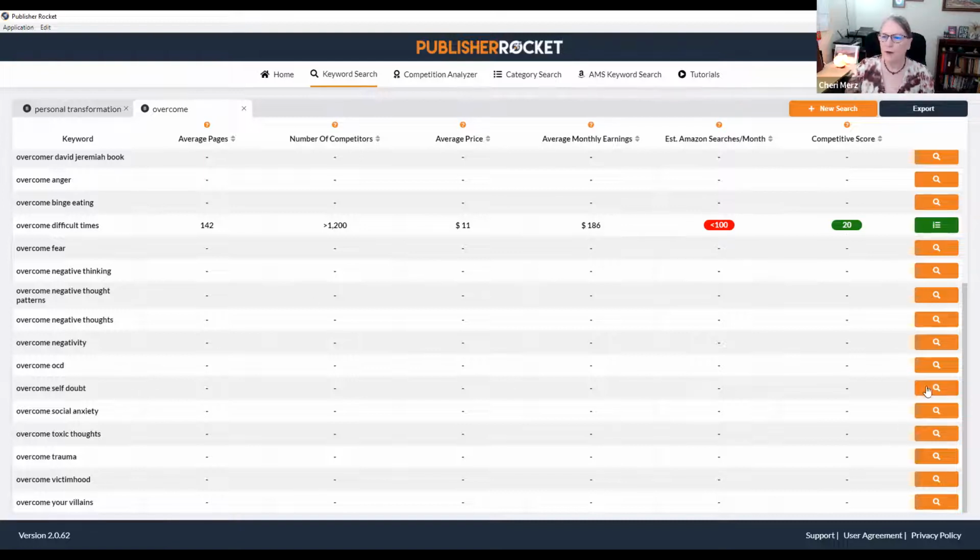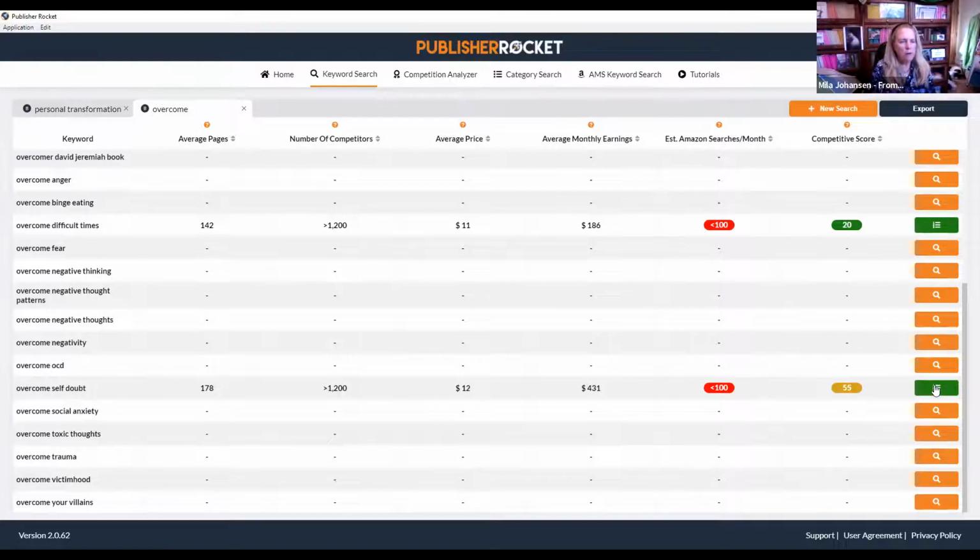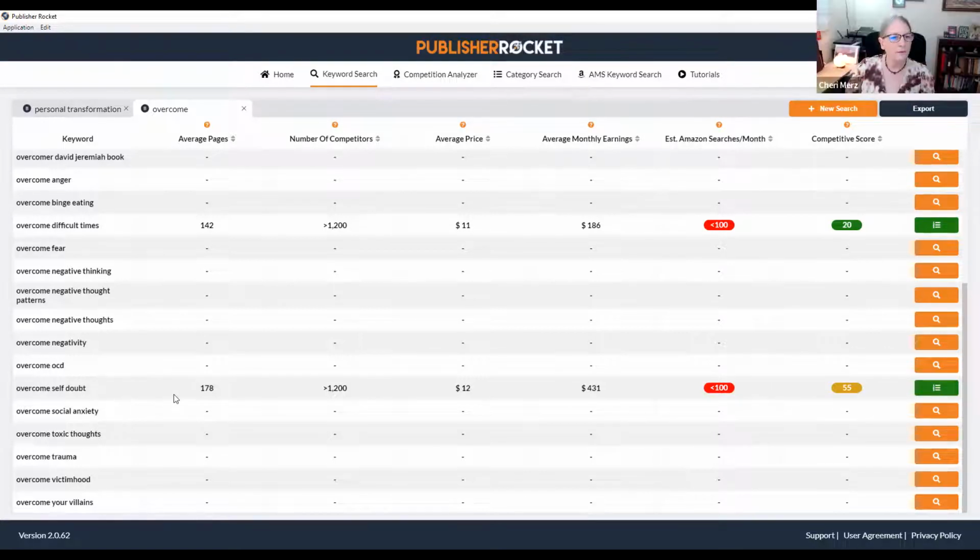Let's look at overcome self-doubt. Yeah, that's what I was thinking. Self-doubt and then negativity. These are bigger books on average. They're still quite competitive. The average price is somewhat lower than your average price. The average monthly earnings have more than doubled.